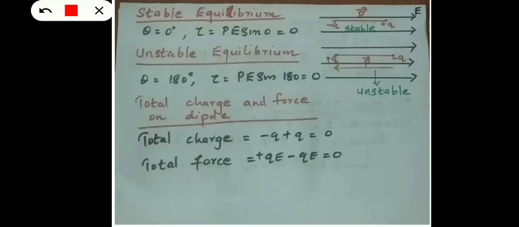We know the condition for equilibrium. So this equilibrium of electric dipole is of two types. One is stable equilibrium and another one is unstable equilibrium. So when do we say that this equilibrium is stable? When theta equal to 0 degree. When theta equal to 0 degree, torque is 0. And this is the alignment when theta equal to 0 degree.